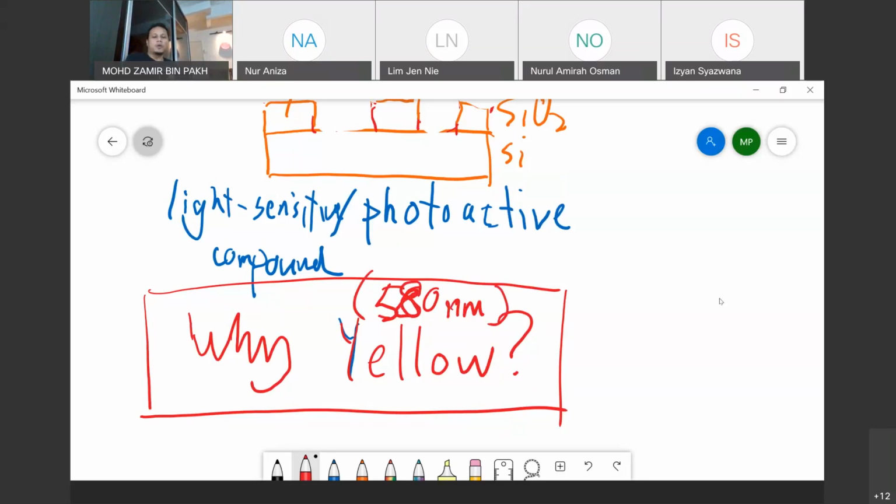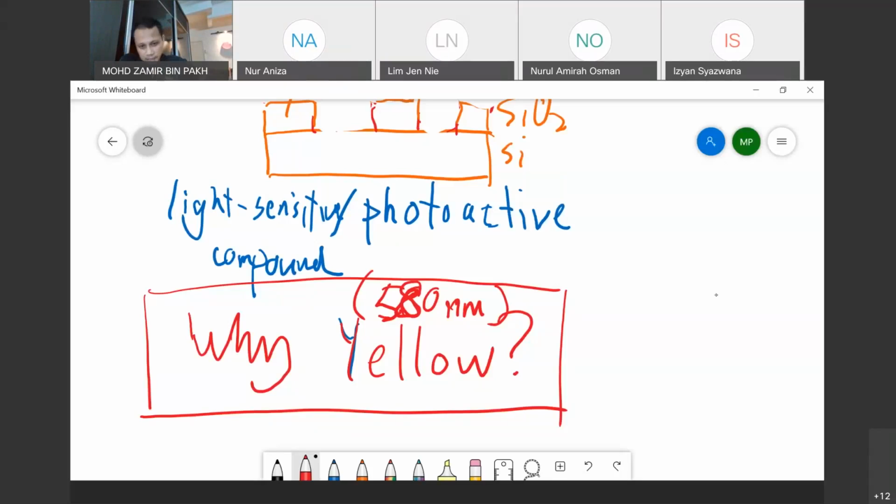Then why yellow? Why 580? So if you have yellow light as your ambient, so what do you plan with that? Kenapa yellow? Can it be visible light? Can we use white light for lithography, for example? What's going to happen if you use white light? So this is another way to reframe the question. Same thing, but the other way of asking the question.